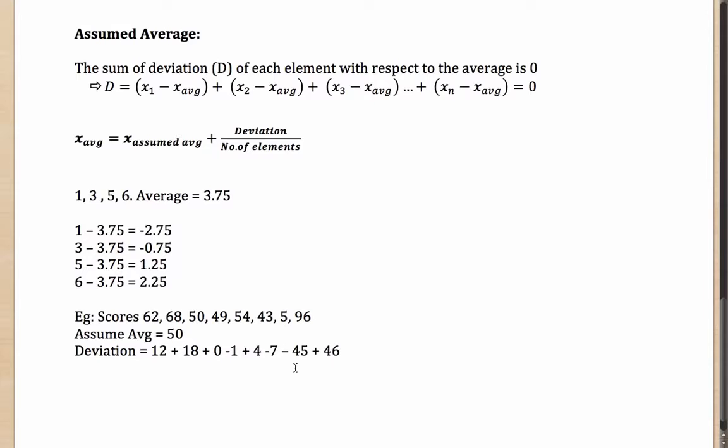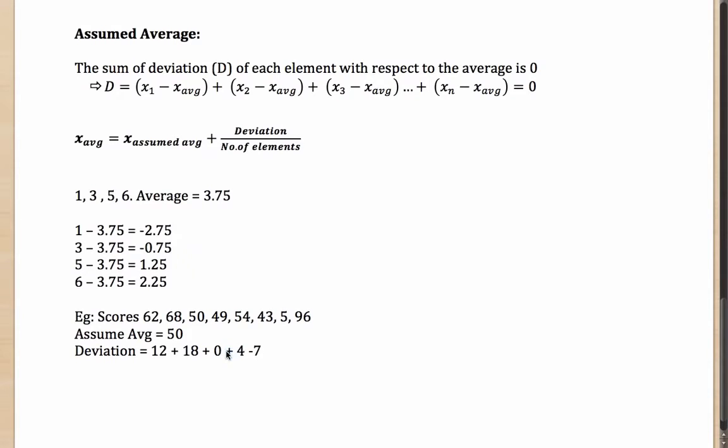So these are my total deviations from the assumed average of 50. Let's see how this will lead to the actual average. This I can calculate very easily. I have a minus 1, a minus 45, and a plus 46. They will cancel out each other.